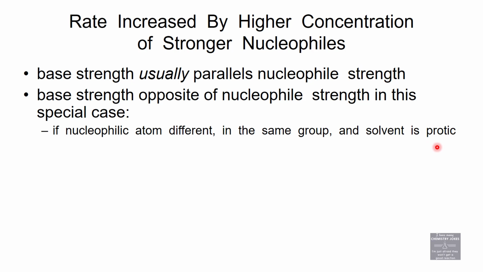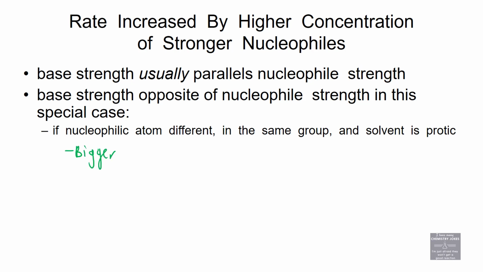if you have a protic solvent, we're going to talk about solvents momentarily. If you have a protic solvent and you're trying to do a reaction, if you have 2 different atoms that could be nucleophiles, and those 2 atoms are in the same group, meaning periodic table group, the bigger the atom, the better the nucleophile.